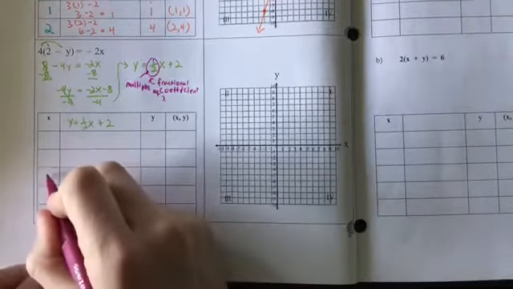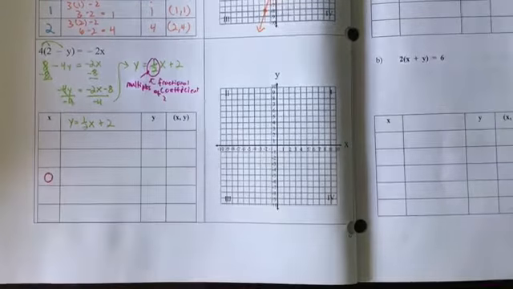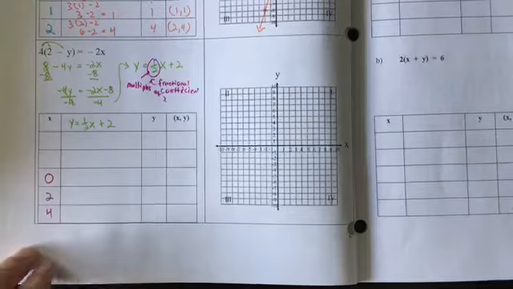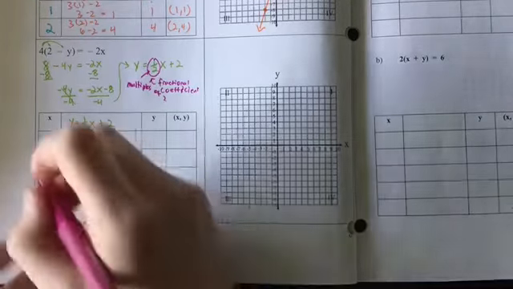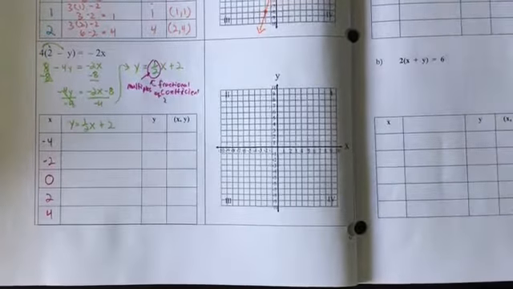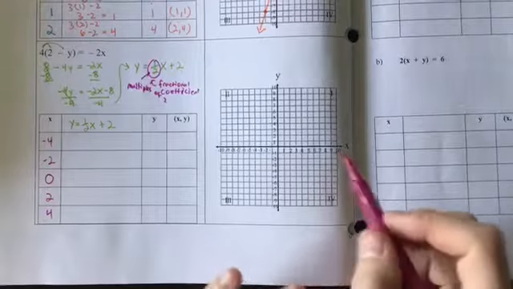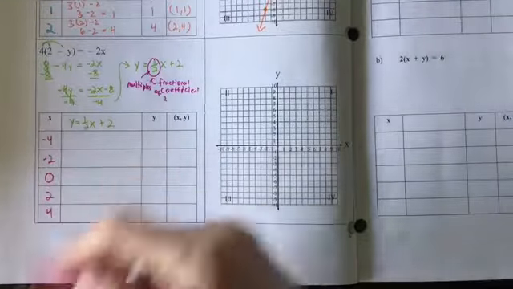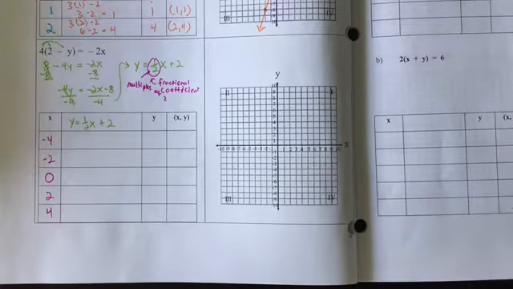We're still always going to use 0 as one of our x values. So then our positive multiples of 2, I would use 2 and 4. Okay? And then our negative multiples of 2, -2 and -4. Yes, you could use 6 and 8 and 10, but at a certain point, we're going to fall off the coordinate plane. So keeping it closer to 0 like that, where we get that nice consistent pattern, is great.